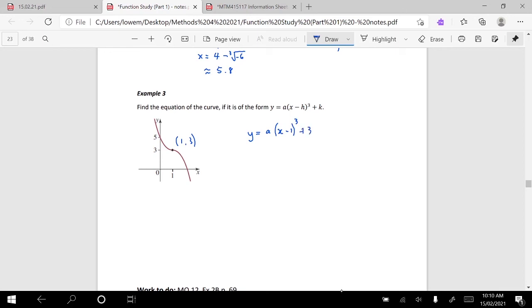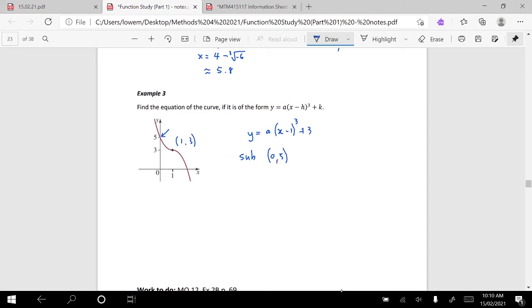We just don't know our value for a. We can see that it will be negative because it's starting up high and finishing down low, but we don't need to put that in now. If we just use the other point we know, 0, 5, we can substitute that in, and the negative will be taken care of.